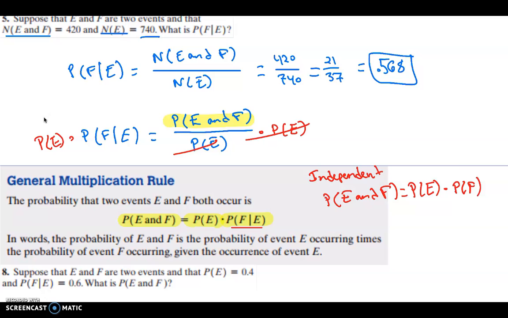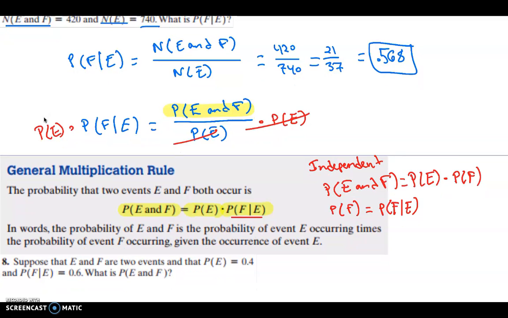So independence occurs when the probability of the second event is the same as the probability of the second event given that the first event has occurred. That's when we identify independence. I just want to make a parallel there. I'll have it formally outlined here in just a bit, but just so you can see the difference. This is a great rule to know. The multiplication rule, again, goes with multiplication and probability, and that will be on your formula sheet.